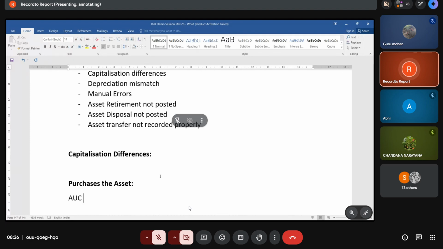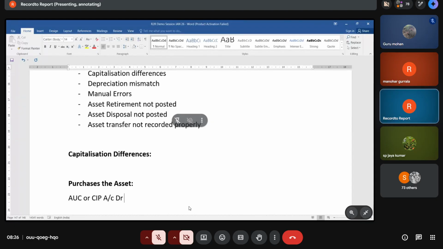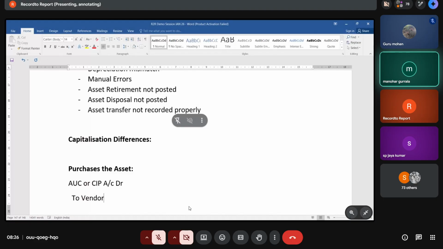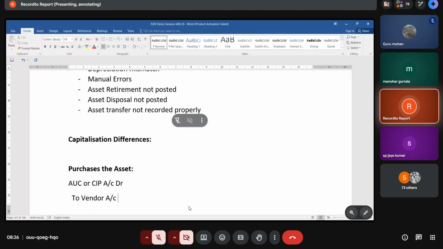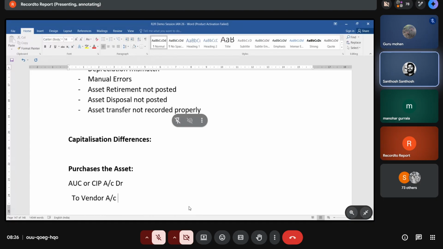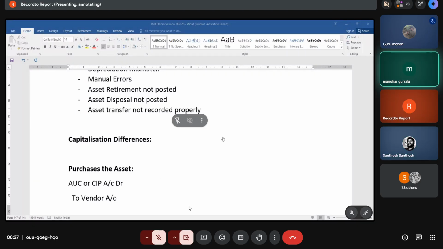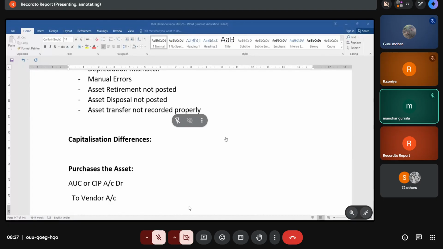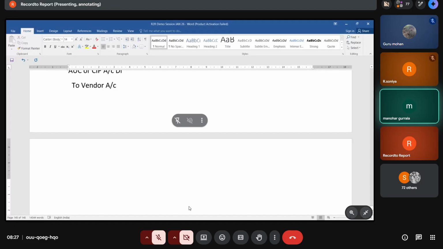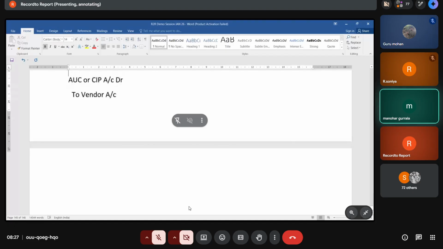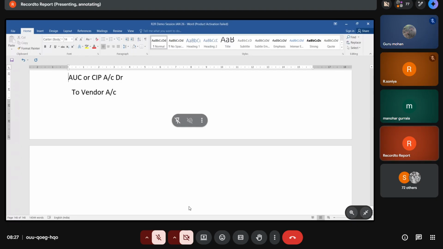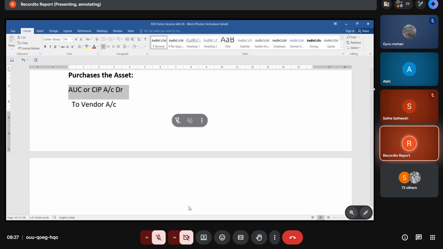What is meant by AUC, guys? AUC is asset under construction. The debit goes to asset under construction with credit to the vendor account.